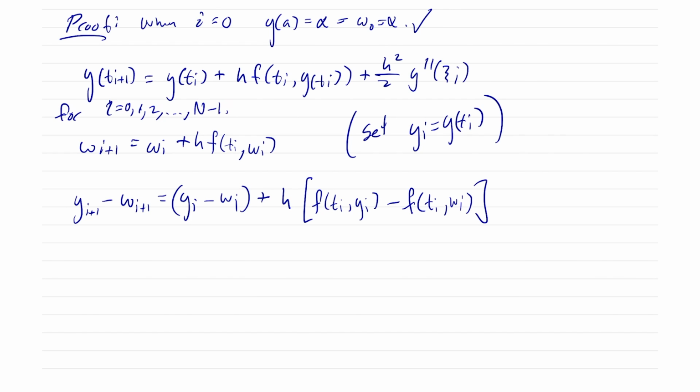And now we still have this error term lingering around, h squared over 2 y double prime ξ_i.